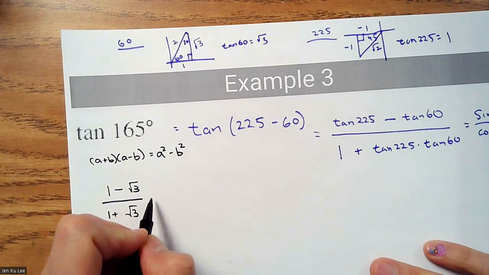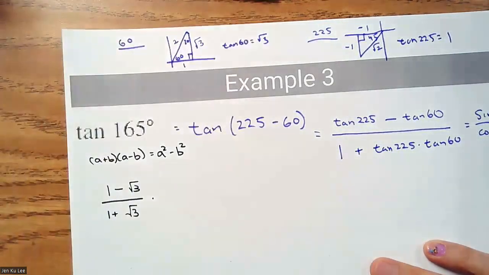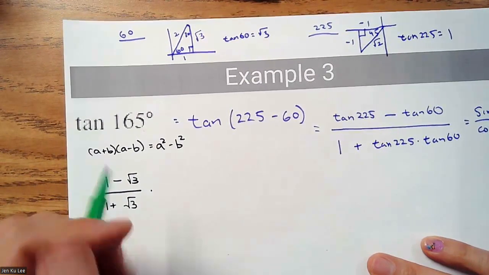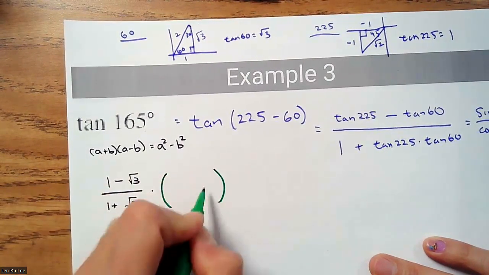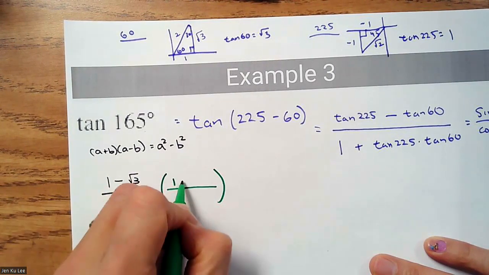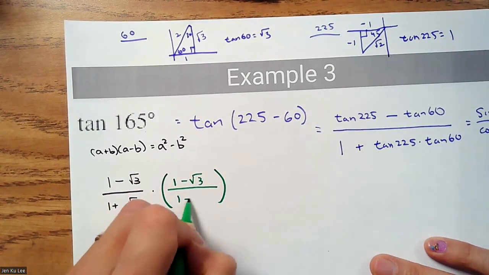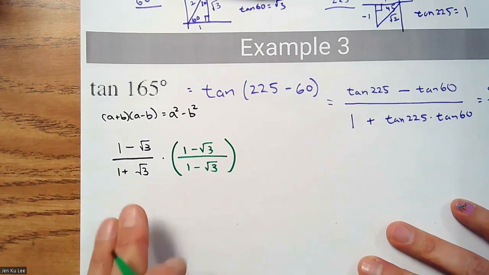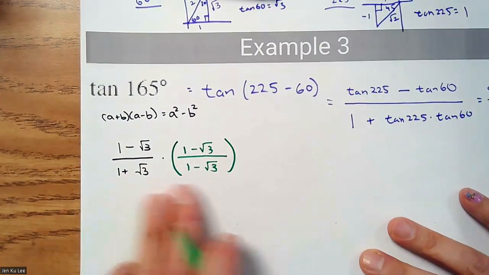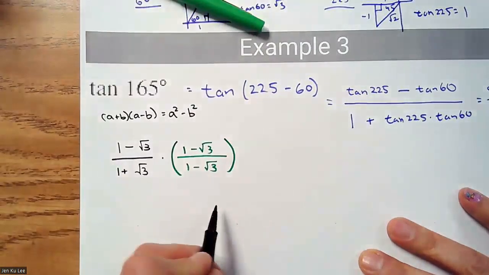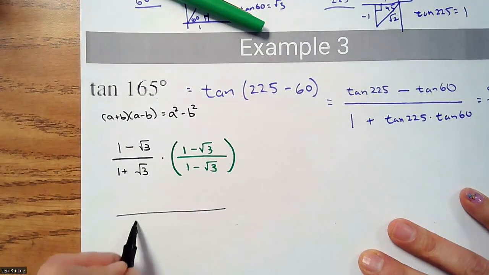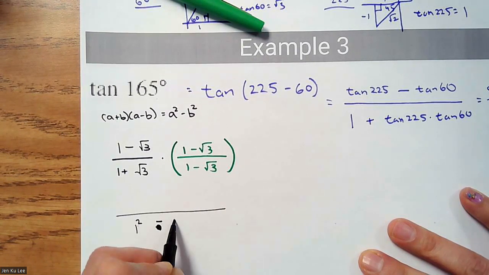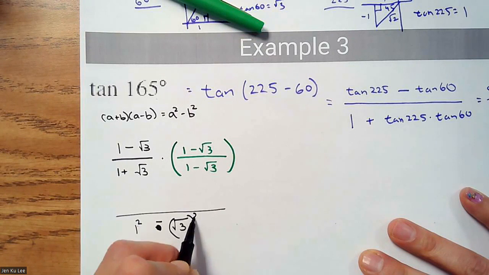Okay, so I'm going to be multiplying this by 1 minus square root of 3, right? The conjugate of that, 1 plus square root of 3. Okay, so in my denominator, I know it's going to be 1 squared minus square root of 3 squared.